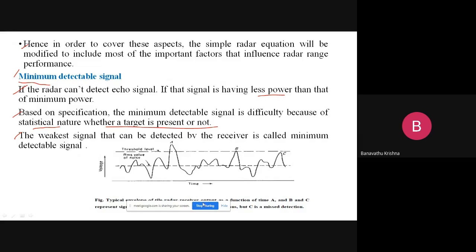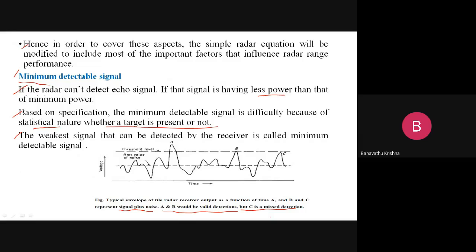Let's see here the figure: the typical envelope of a radar receiver output as a function of time. A, B, and C represent signal plus noise. A and B would be valid detections, but C is a missed detection. Why are A and B valid detections but C is a missed detection?